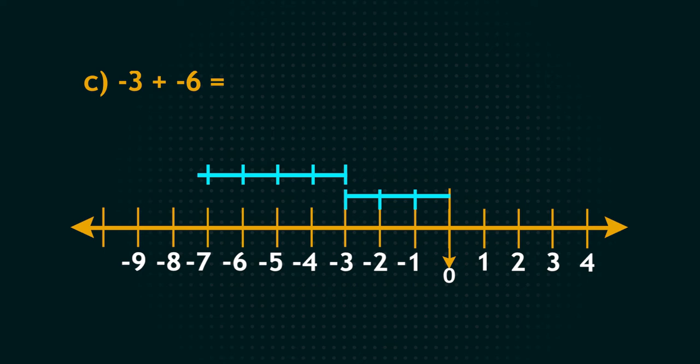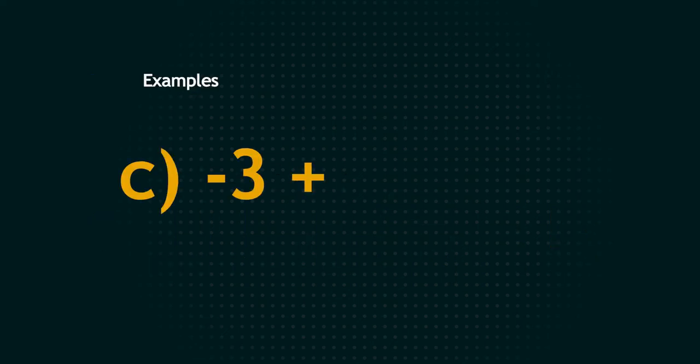The fifth step will put you at negative 8. Then the sixth last step will put you at negative 9. So where all those 6 steps will stop, that will be the result there on the number line. That means when you have negative 3 plus negative 6, that will give you negative 9.